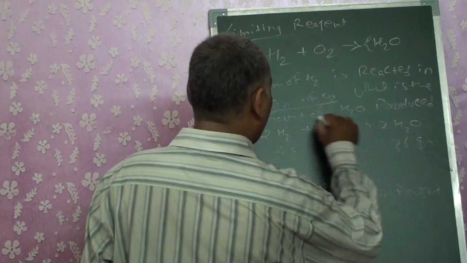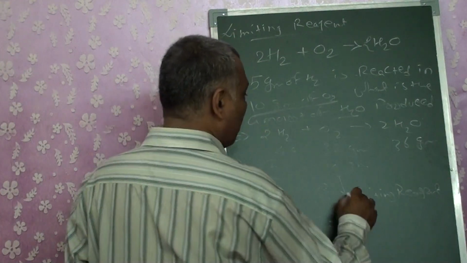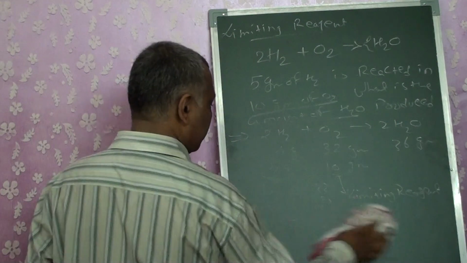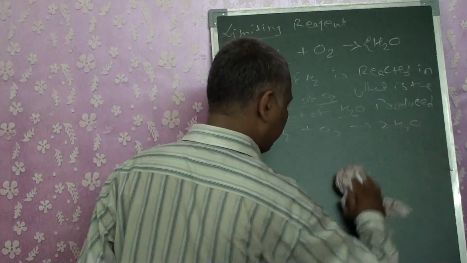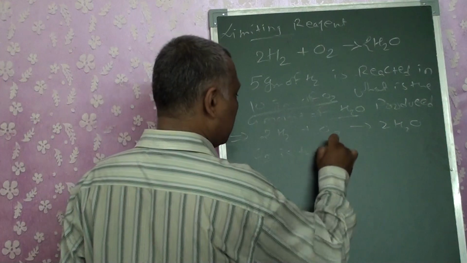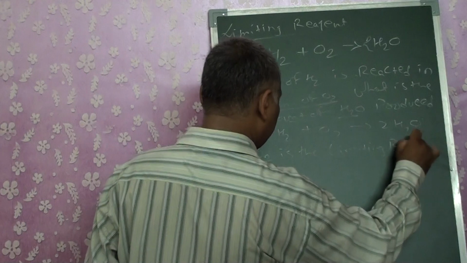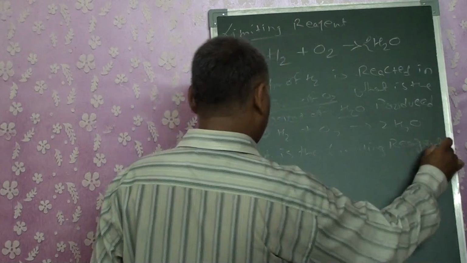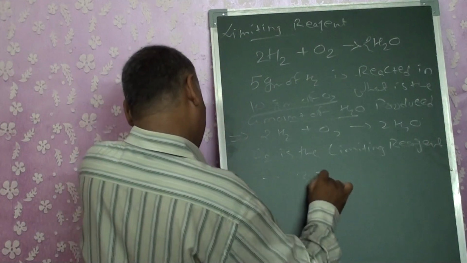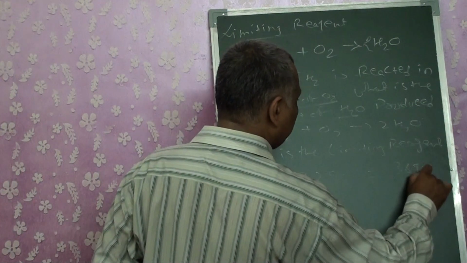So I want to calculate the amount of water. So what we'll do is, O2 being a limiting reagent. O2 is the limiting reagent. Therefore, 32 gram produces 36 gram.